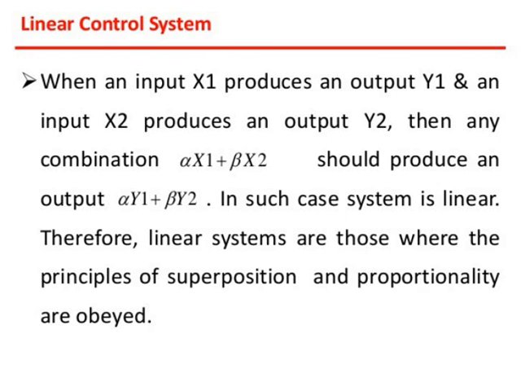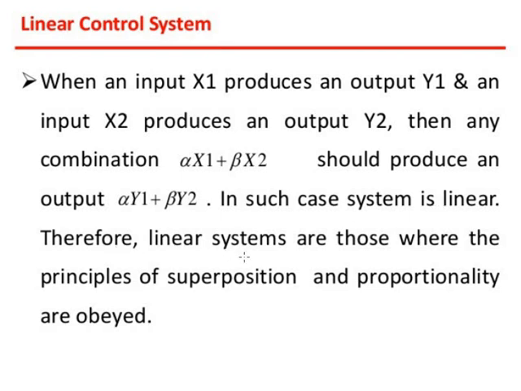When an input of x1 produces an output of y1 and an input of x2 produces an output of y2, then any combination of alpha x1 plus beta x2 should produce an output of alpha y1 plus beta y2, where y1 is the output from the x1 input and y2 is the output from the x2 input. Alpha and beta are constants. In such a case, the system is linear.